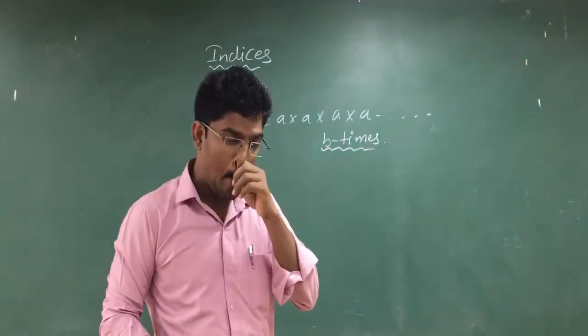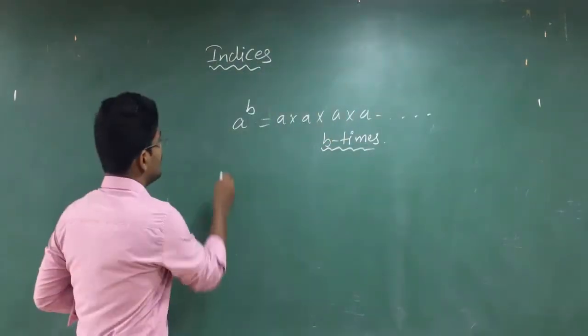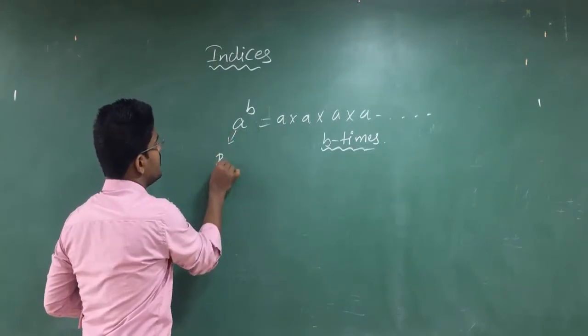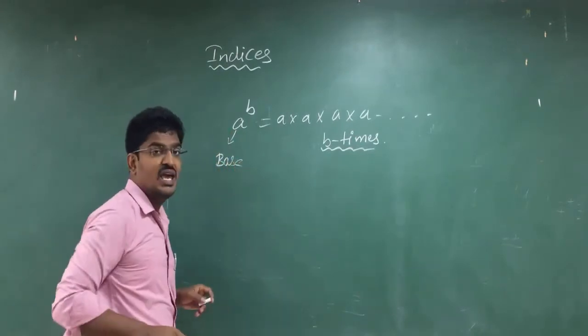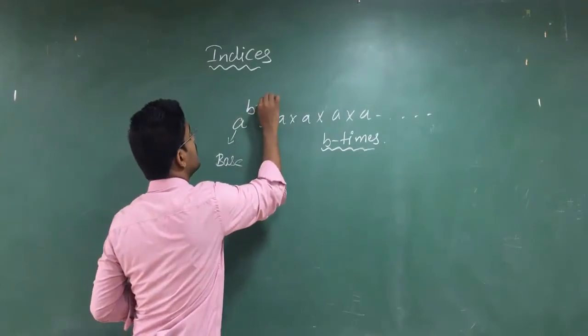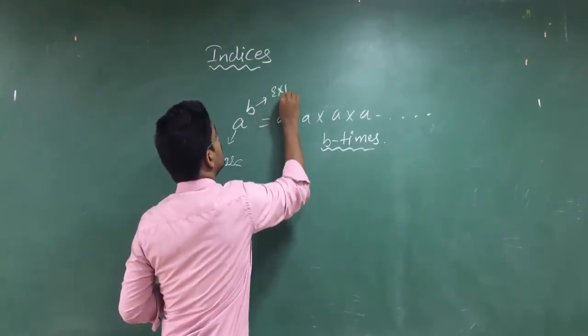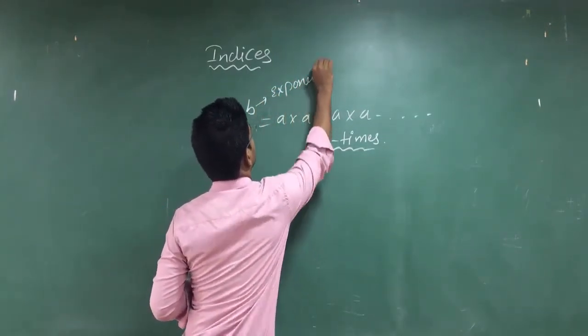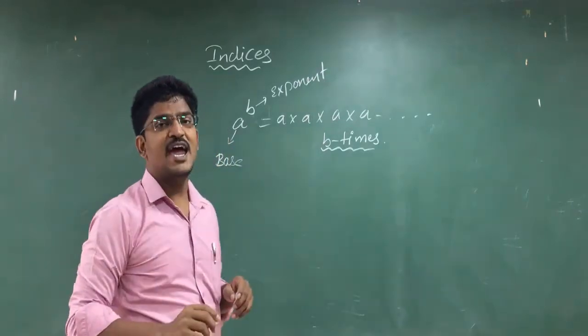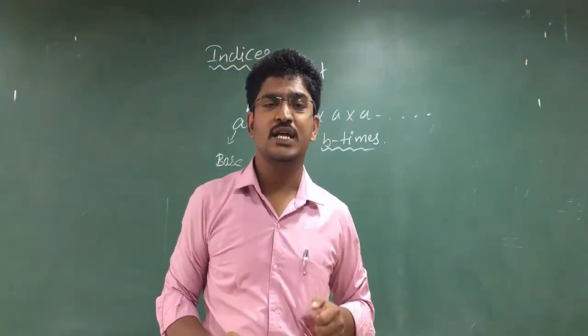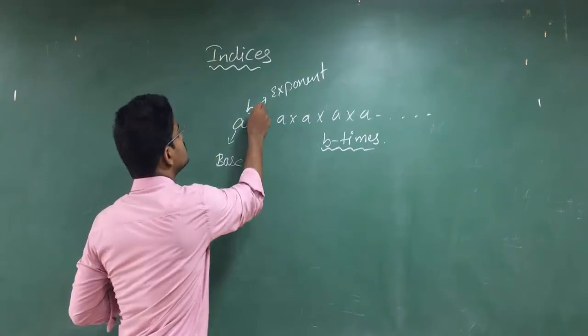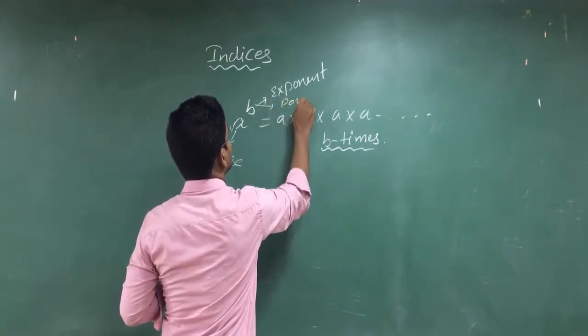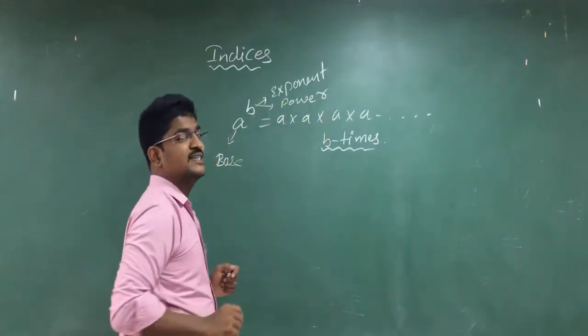Clear? Okay. So here a is the base and b is the exponent. Clear? Or b is also called the power.